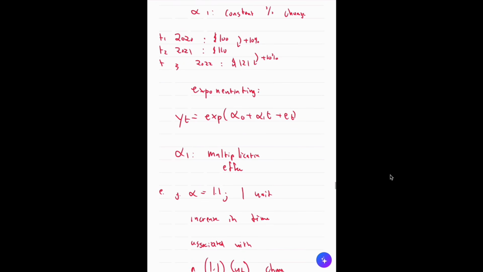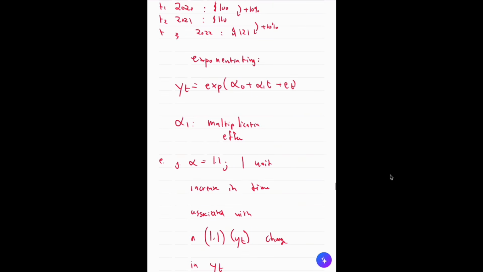So a 1 unit change, year to year, results in a 1.1 times change in yt. That is to say, once you've exponentiated it, so e to the power 1.1, for example, it just means that you are multiplying your dependent variable by 1.1. So that's how you interpret it. It's a multiplicative effect.